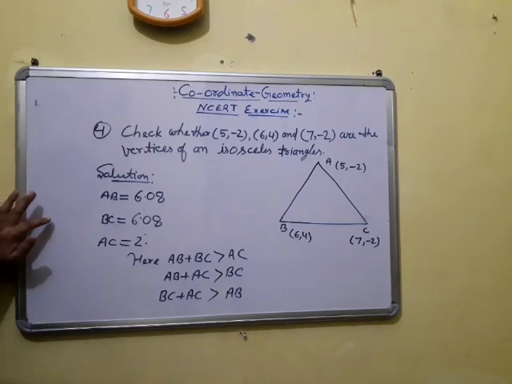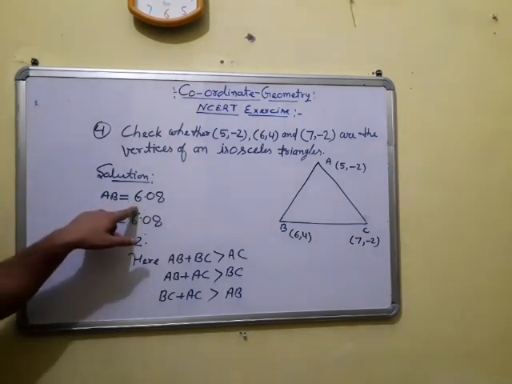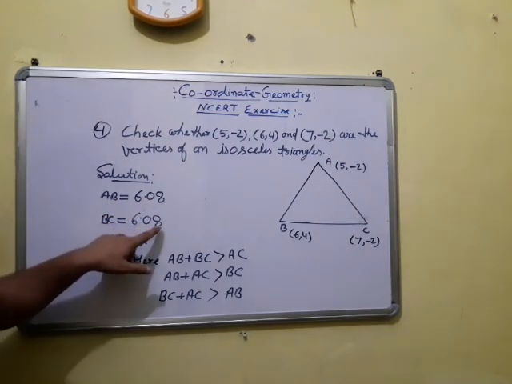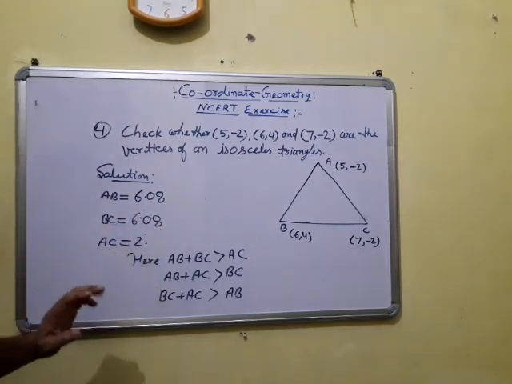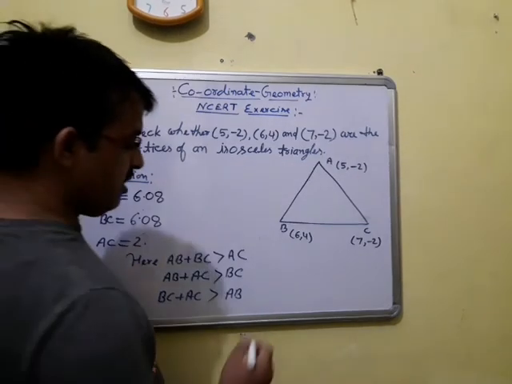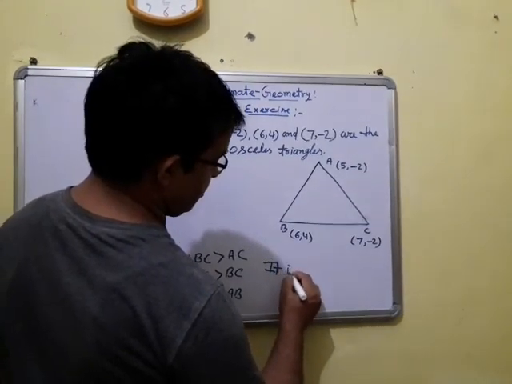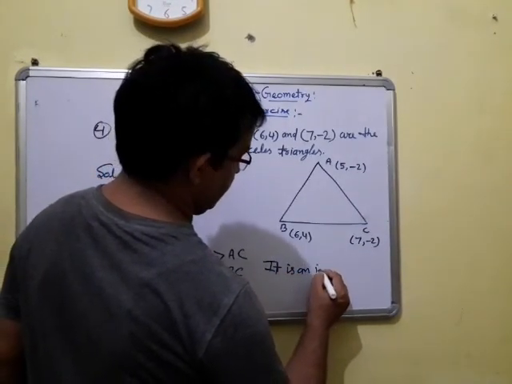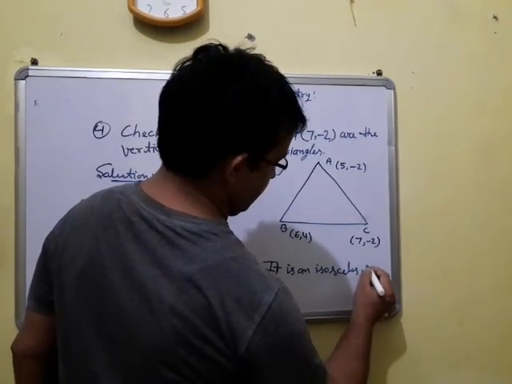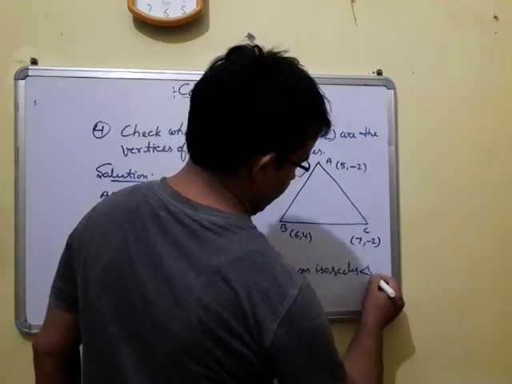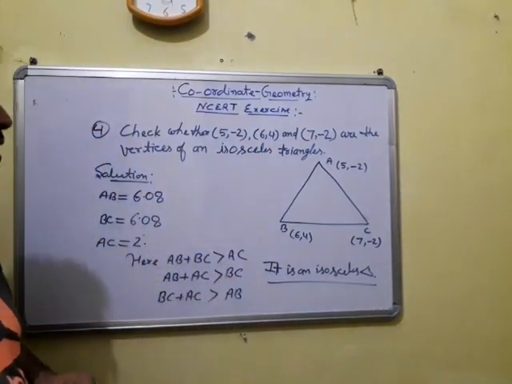And since AB is equal to 6.08 and BC is 6.08, both are the same, it is an isosceles triangle. Clear? This is now proved.